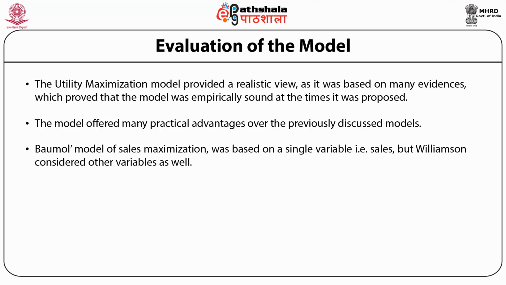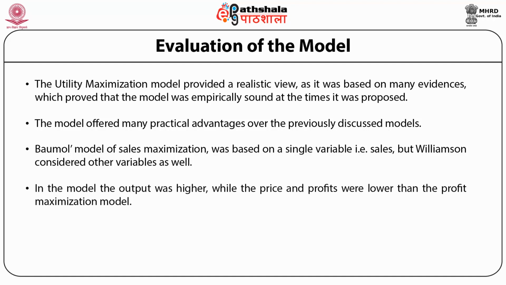Baumol's model of sale maximization was based on a single variable, that is, sales. But Williamson considered other variables as well. In the model, the output was higher, while the prices and profits were lower than in the profit maximization model.